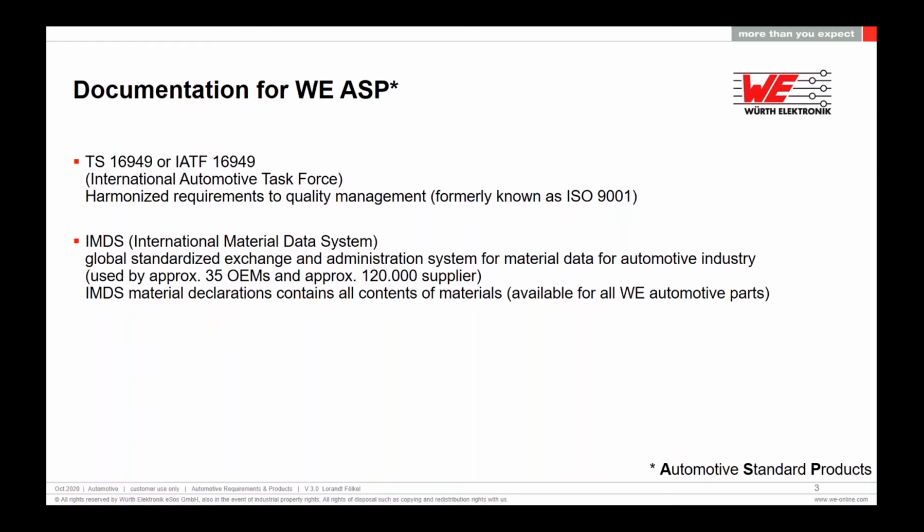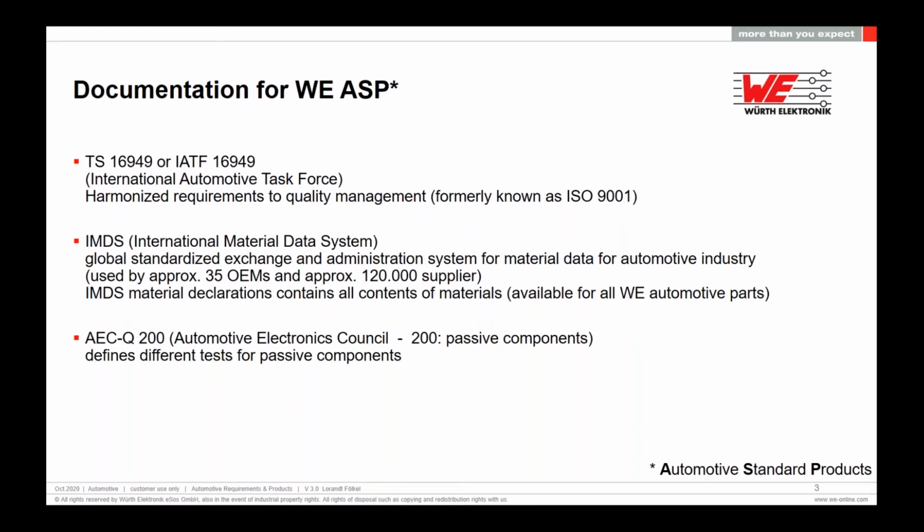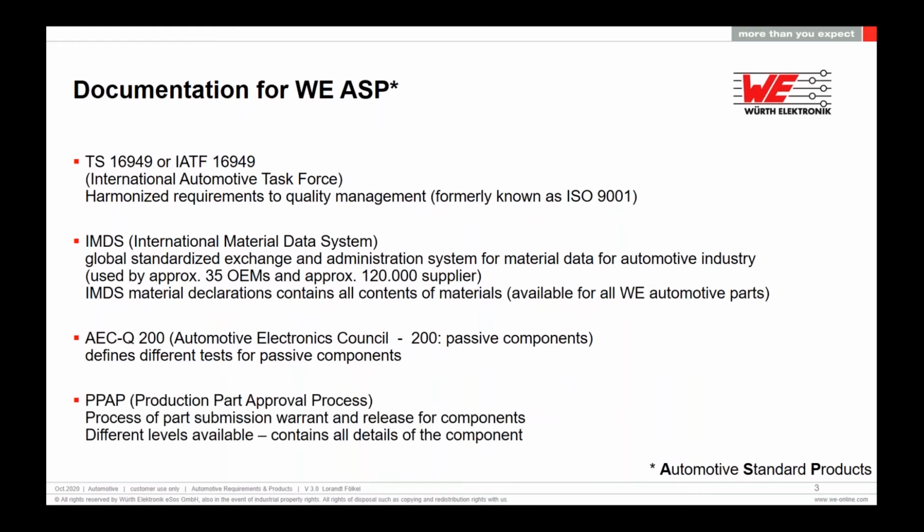So actually this is nothing else, just a database. Then we have AEC-Q200, which is the Automotive Electronics Council. The 200 is referring to the passive components, the 100 to the active components. And PPAP is nothing else, just a documentation, actually a production part approval process.